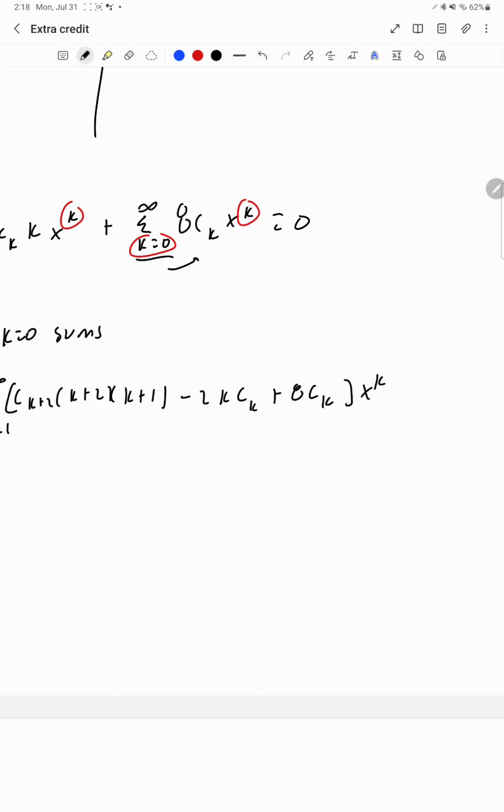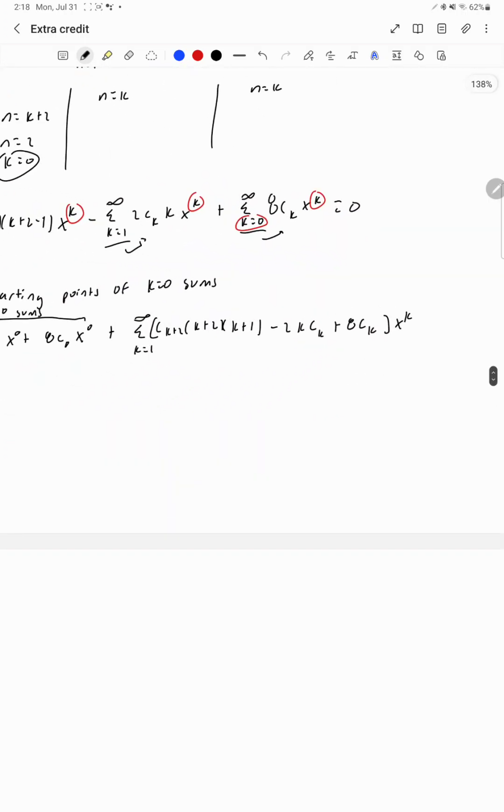And then you factor out the x to the k for all the sums.